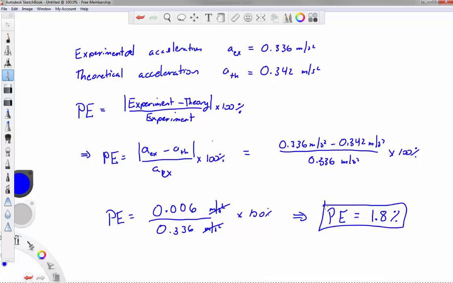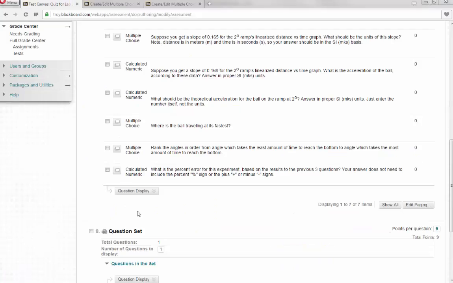You could even round it off to 2%, although I made the tolerances a little bit too strict for that, so I had to go back through and then give credit to people. Again, when you actually enter this into Blackboard, the way that you would enter it here would just be 1.8 or 1.79 or what have you.